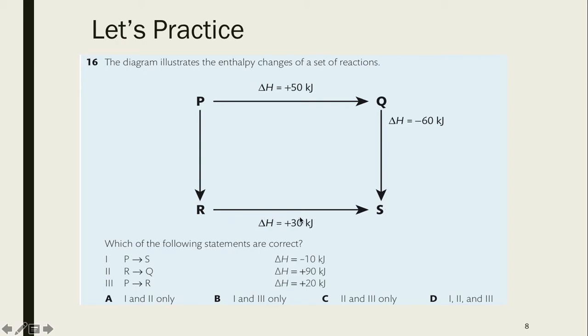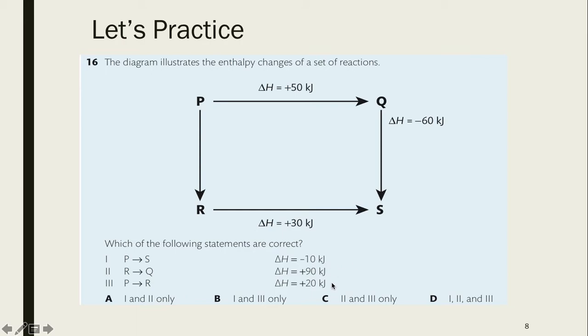So we're going to take our positive 30, and then we have S to Q. Going from Q to S is negative 60, but if we go the opposite way and we flip the arrow, just like we flipped the equation before, we flip the sign of delta H. So if we flip this arrow, delta H now becomes positive 90. So positive 30 plus positive 60 gets us positive 90. So we can check 1 off, we can check 2 off.